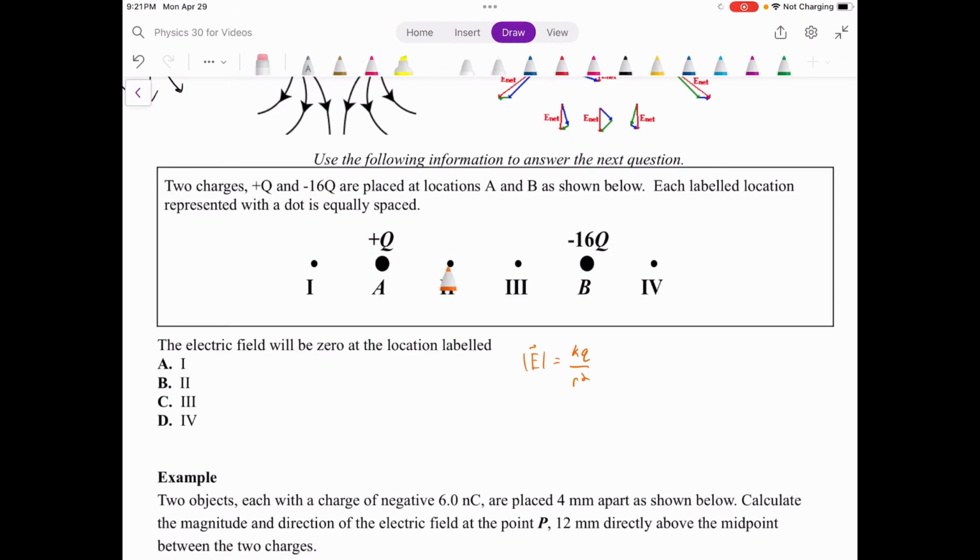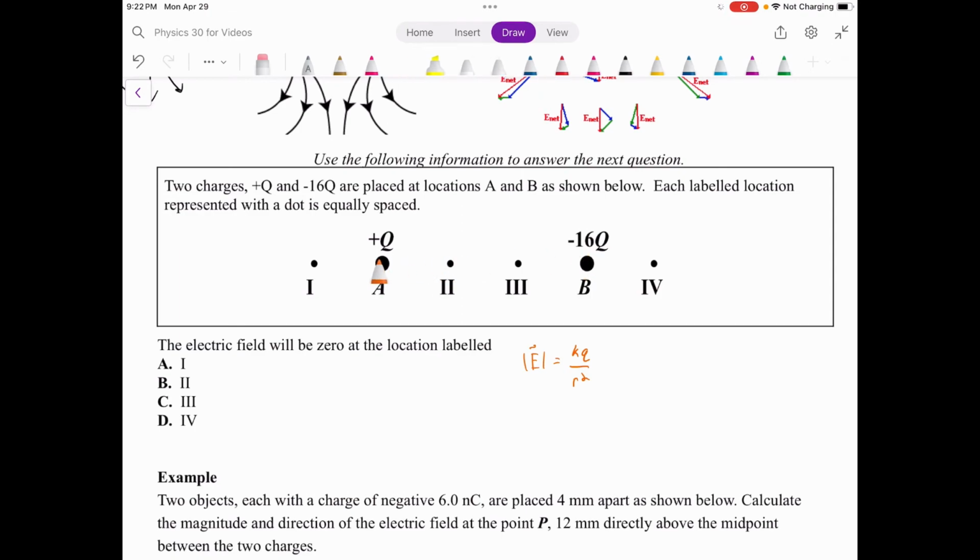Let's look at position 2. If I'm at position 2 and I'm a positive charge, because that's what we need to think about for the electric field direction, okay, I would feel a force because of this one to the right, right? I'd be repelled to the right. And I would also feel attracted to the right by this one, right?